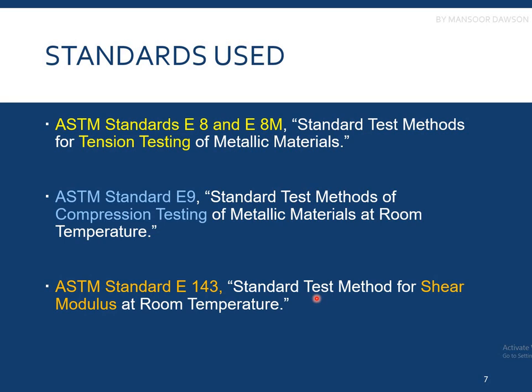Sometimes we also use some British standards. This standard is an American standard, but sometimes we use standards such as ASM, British standards, and Japanese standards as well. But these are the most common standards used for mechanical testing.